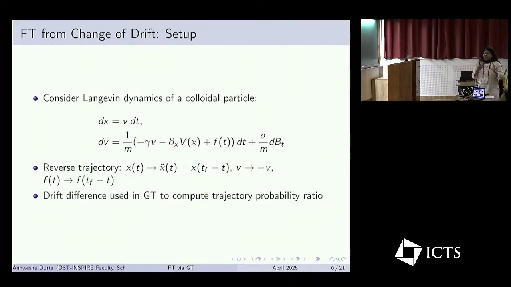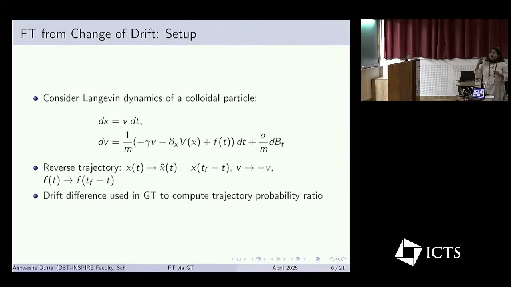Now, let's go back to our own Langevin dynamics. For the Langevin dynamics of a colloidal particle, we have written it in differential form. The first one is the forward trajectory, and accordingly you can also calculate the reverse trajectory for the reverse dynamics.